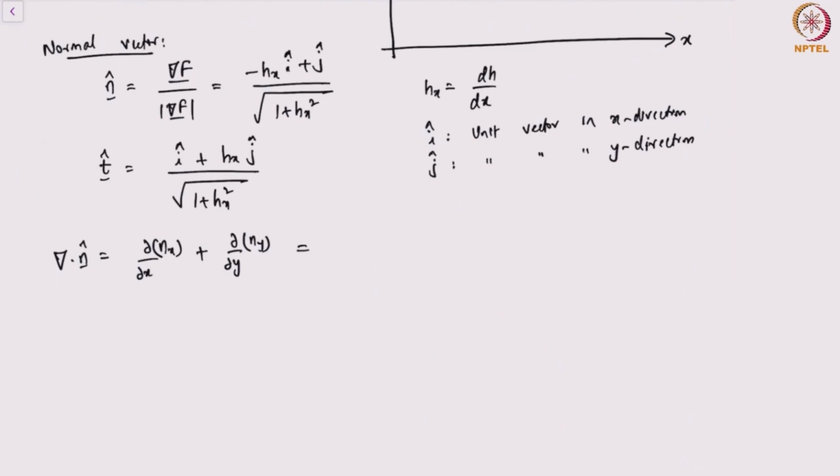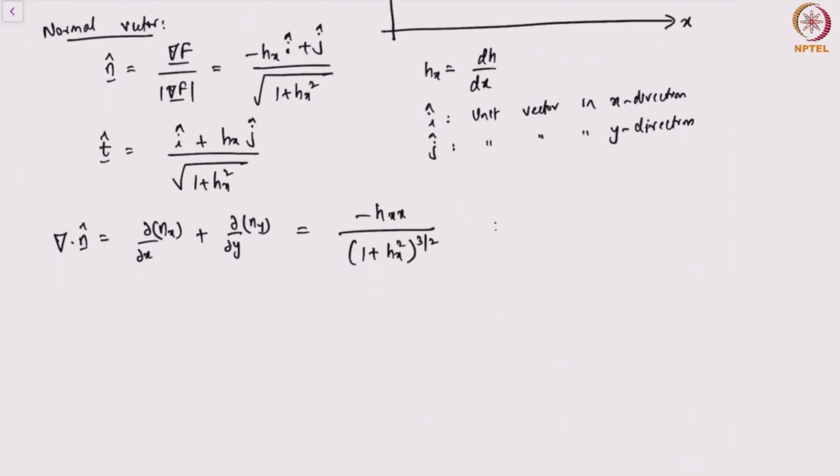Ny is 1 divided by square root of 1 plus hx squared, and therefore I can just substitute this expression and I'm going to get minus hxx by (1 plus hx squared) to the power 3/2. So this is the definition of curvature in 2D.